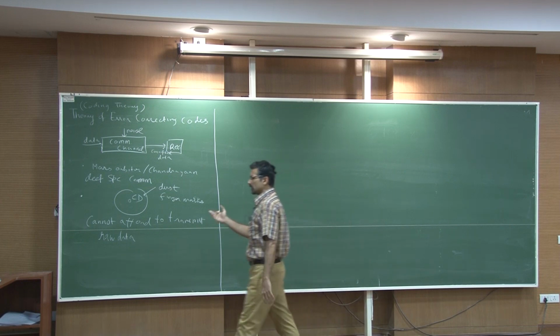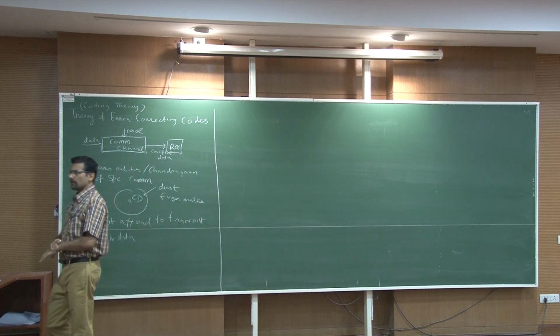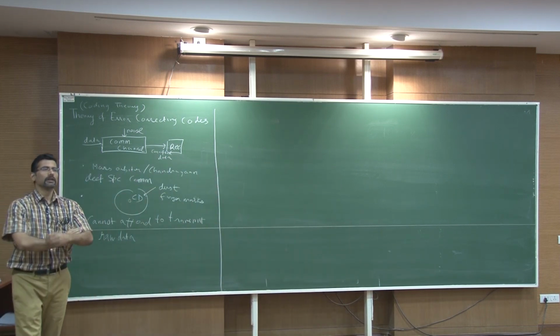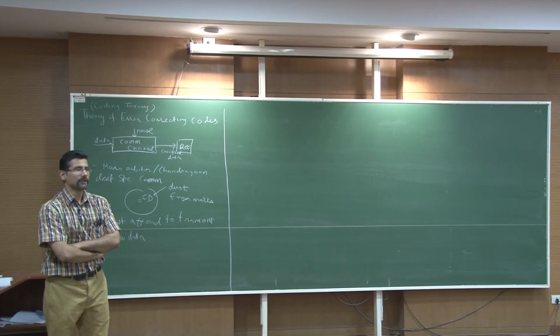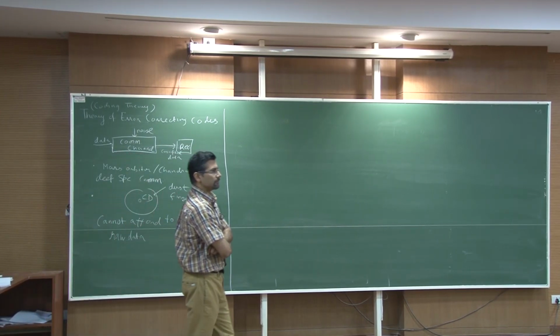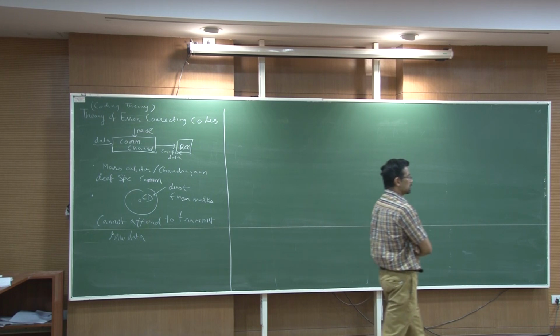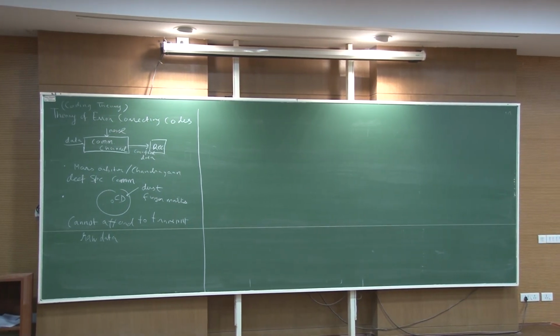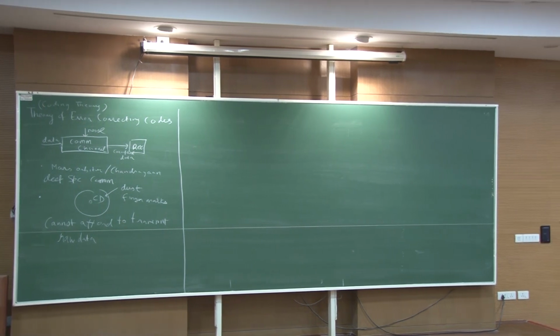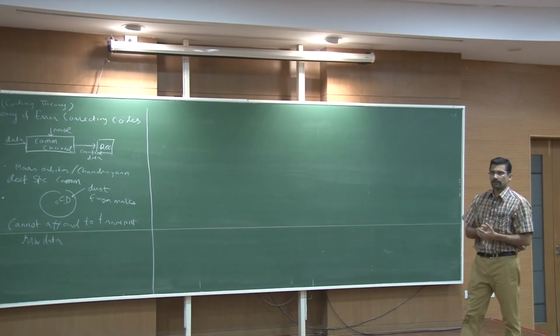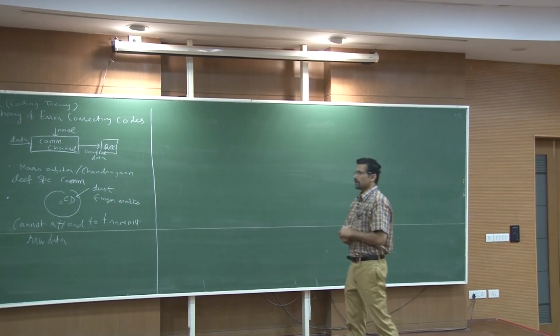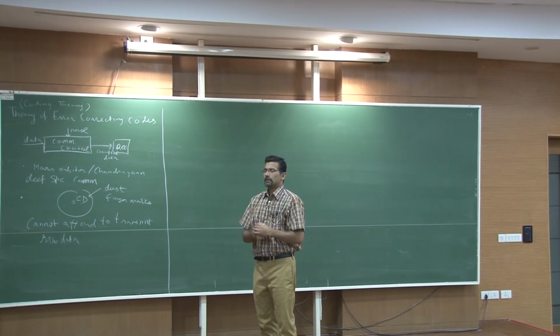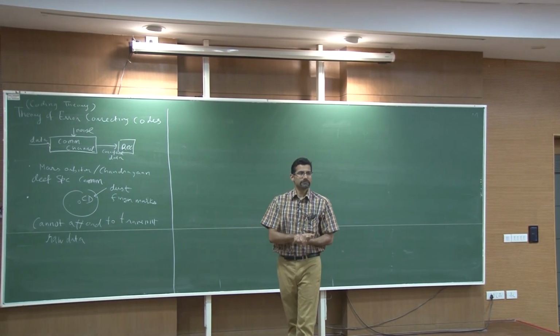Let's go back to this last example. Suppose there is a lot of noise in the signal you're getting on your mobile phone. So what does the other person do, or what do you do? One simple thing is, I cannot hear you. Can you please repeat? You repeat the same thing twice or thrice. Then you're able to get the message across. So what you have done is you have put redundancy into the data.